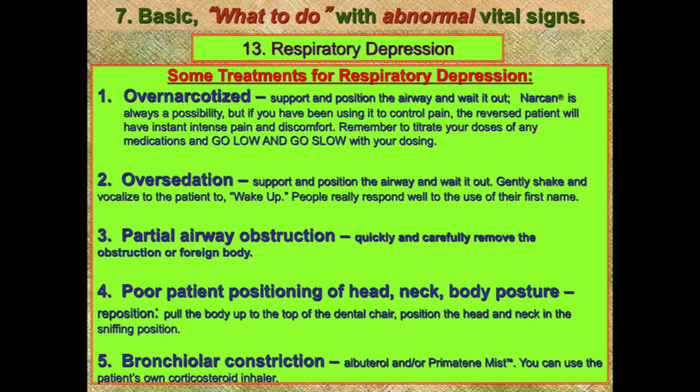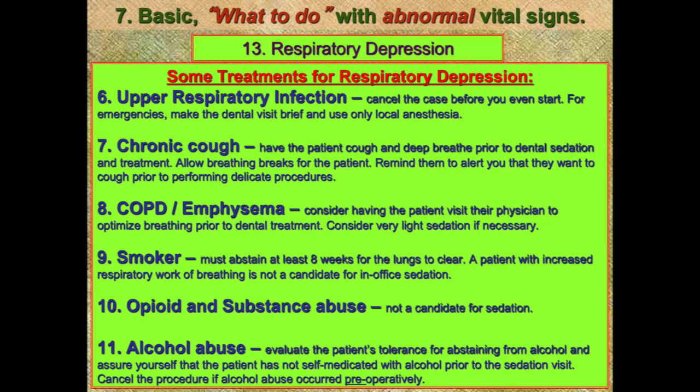If the patient's not in a proper position, get them positioned, help them get positioned in the chair so that they're exchanging air. If there's bronchiolar constriction, we're going to want to go ahead and administer an inhaler. With upper respiratory infection, consider canceling the case as we talked about earlier.